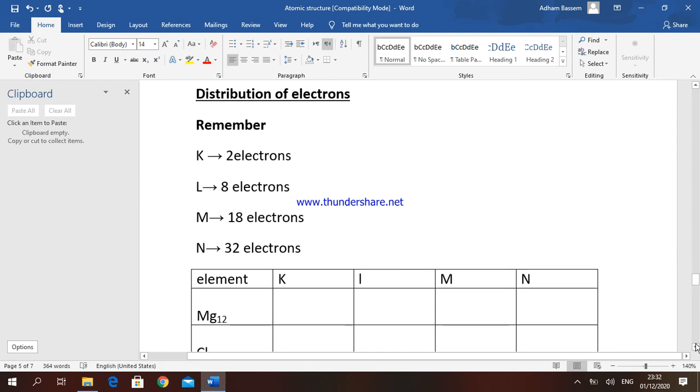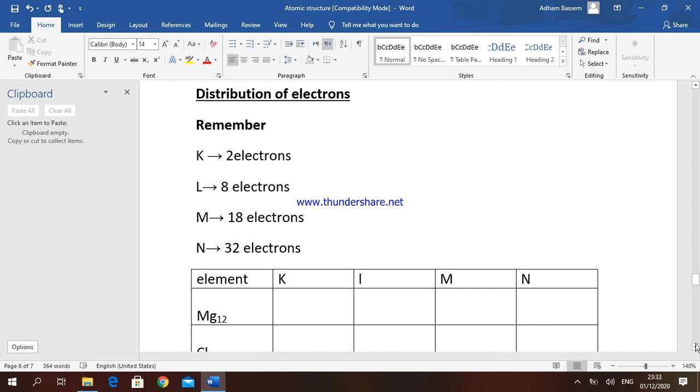We must also know the distribution of electrons inside energy levels. Each energy level is saturated with a definite number of electrons. We apply the rule 2n power 2 to know the number of electrons distributed inside the first 4 energy levels.